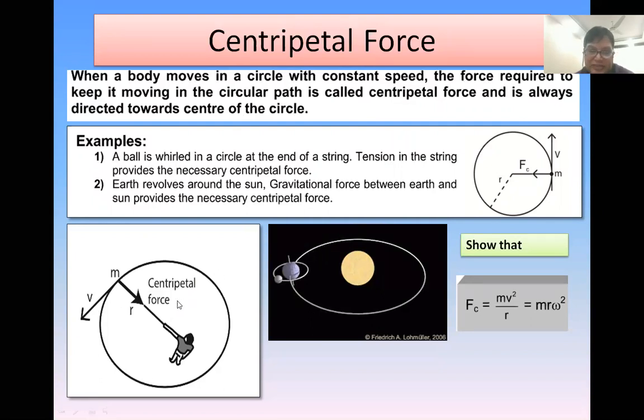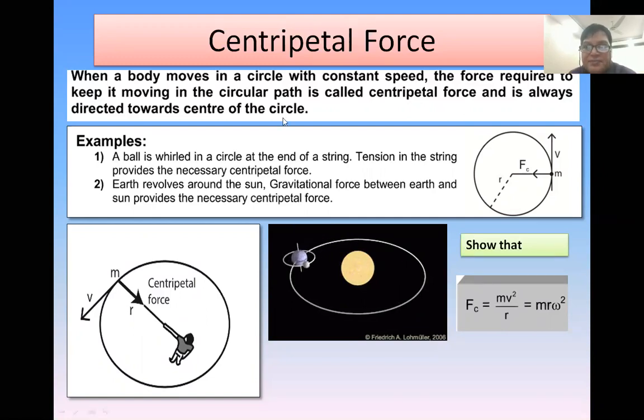The hand is pulling the body towards the center, the sun is pulling the earth towards the center, and the earth is pulling the moon towards the center.